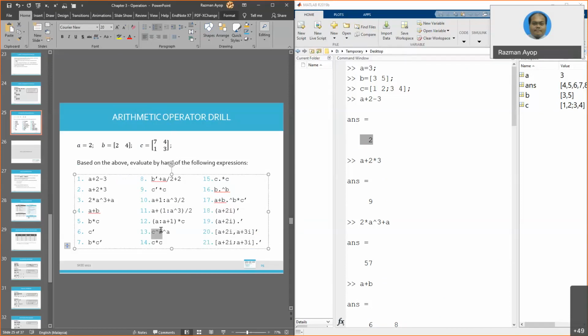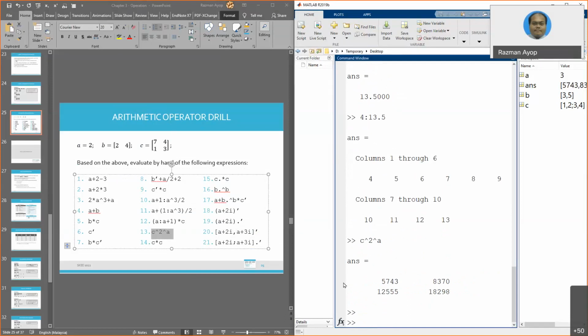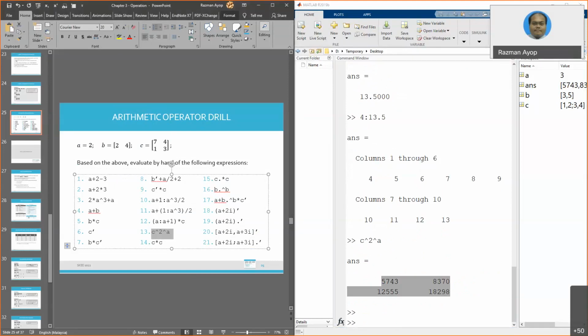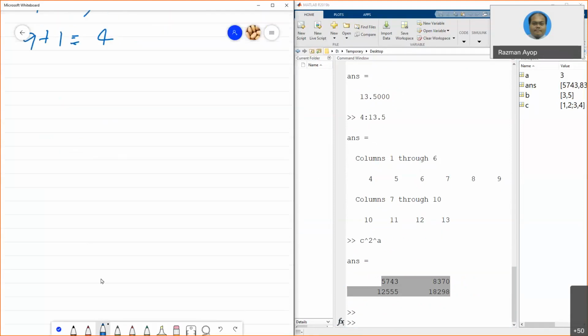For example here, C power of 2 power of this one. So this one is something like this. So how to get this? So C is 1, 2, 3, 4.